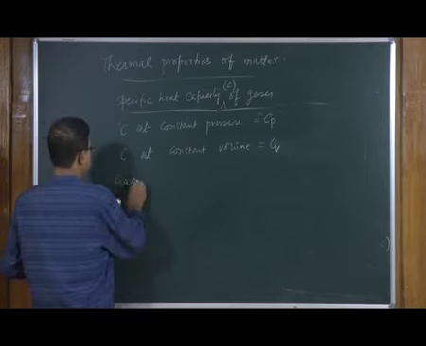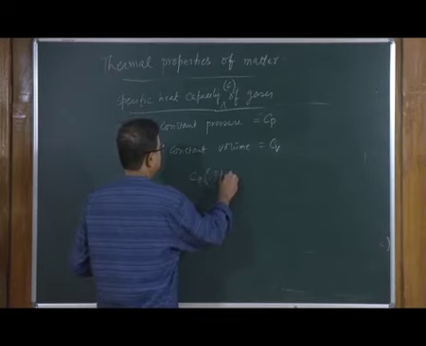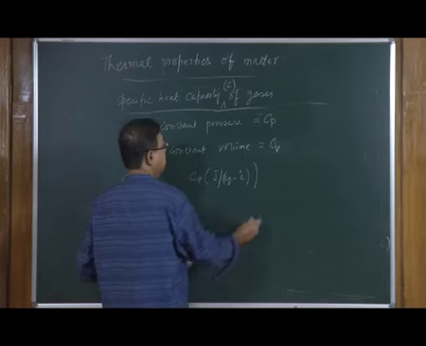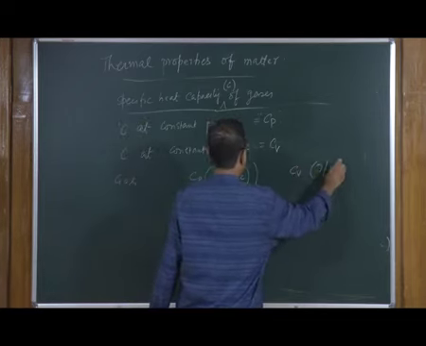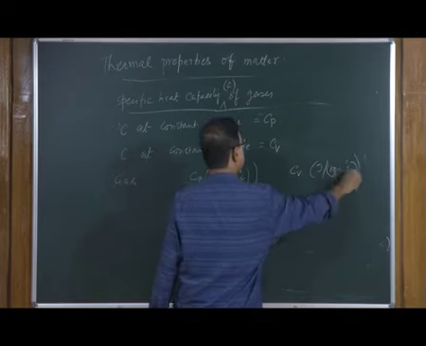So, a gas and its Cp again in joule per kg degree centigrade, and Cv in joule per kg degree centigrade.